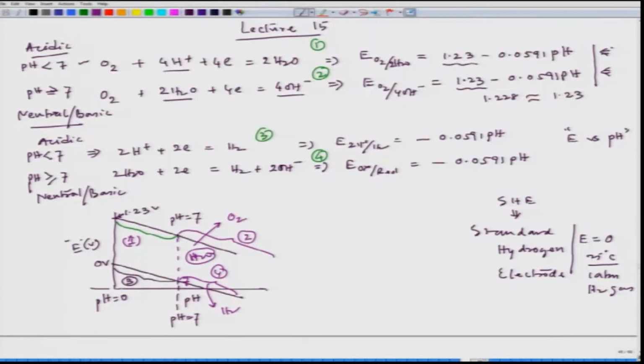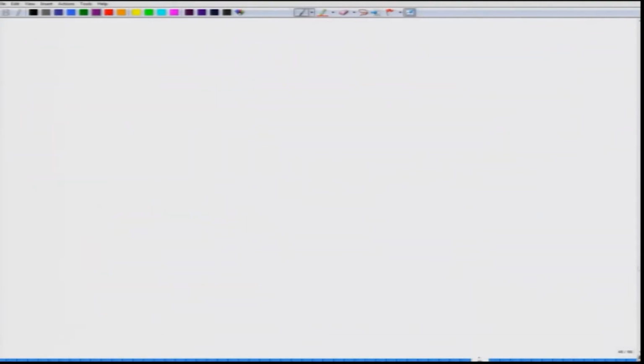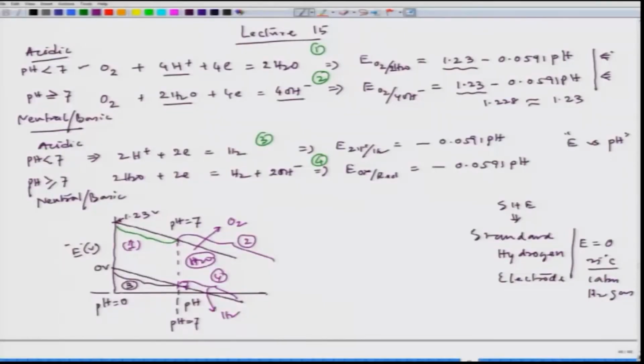Now, if I continue our discussion on the same line, we see that even if it is not involving pure metal, and it involves water, hydrogen ion as well as oxygen, then also we get to see a standard reduction potential.